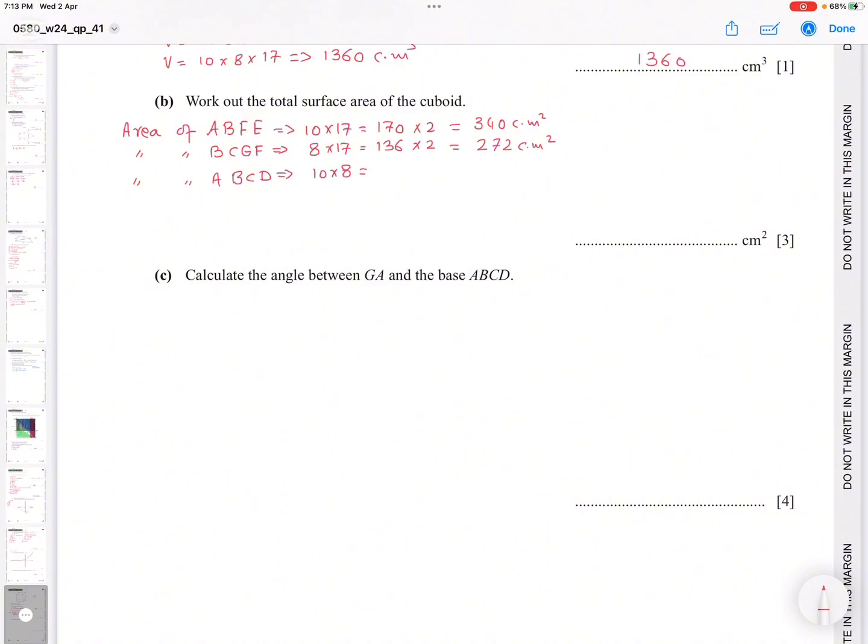And this is 80. And I'm going to multiply it by 2 because the top is the same thing. So it's 160 centimeters square. Now add all of them. This will give you the total surface area, which is 772 centimeters square. Write this in the answer space.